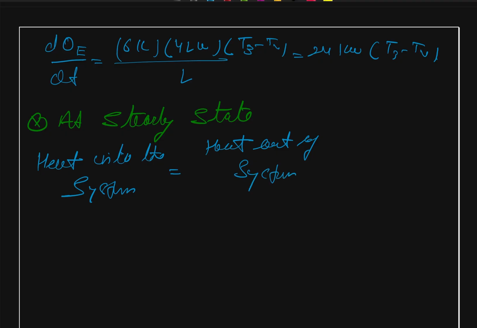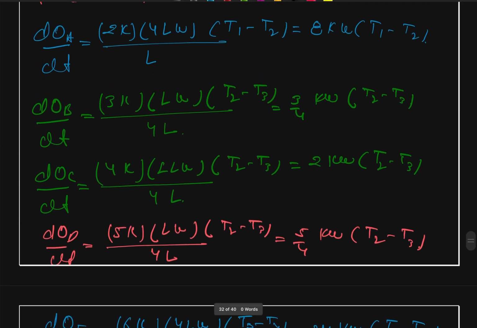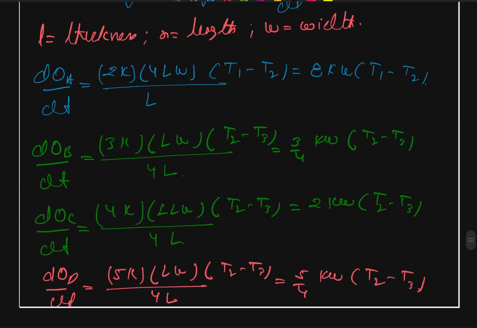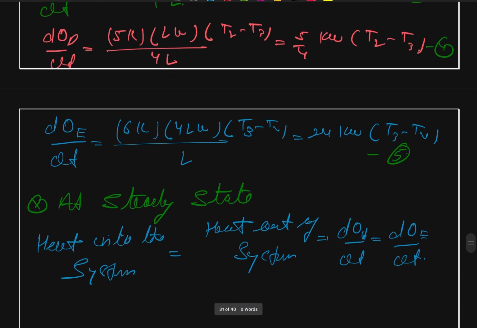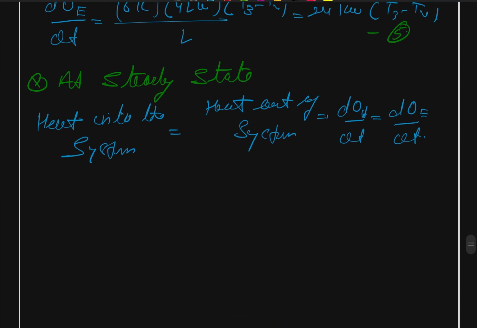So dQA upon dt is equal to dQE upon dt. Okay. And let me number these equations: 1, 2, 3 and 4, and finally 5.